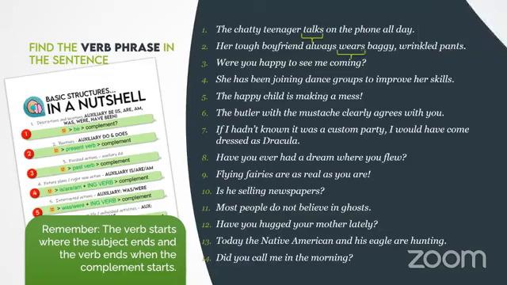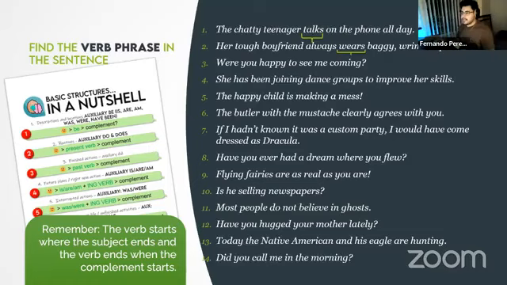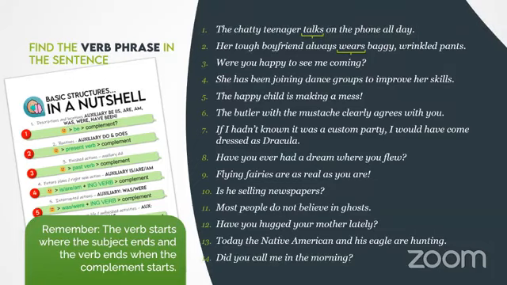Where happy is the first verb. First read the sentence. Okay, were you happy to see me coming?